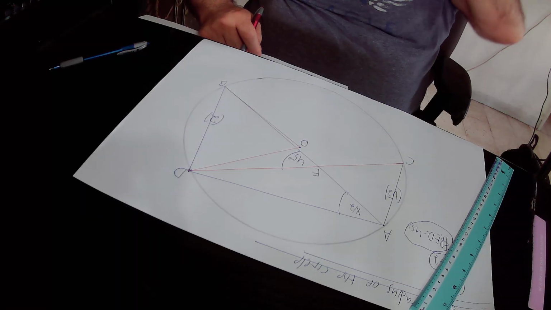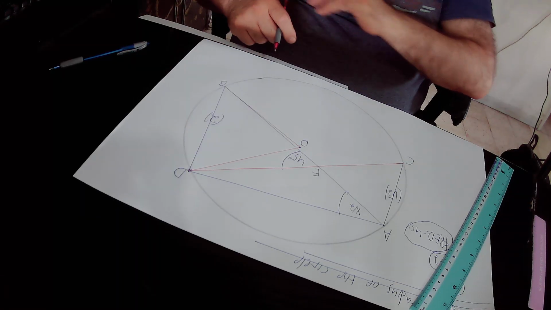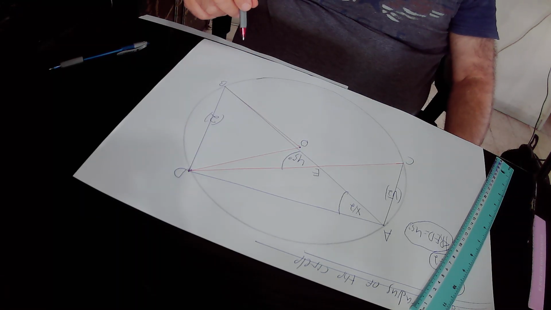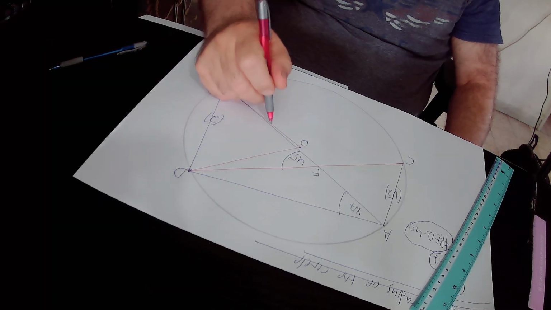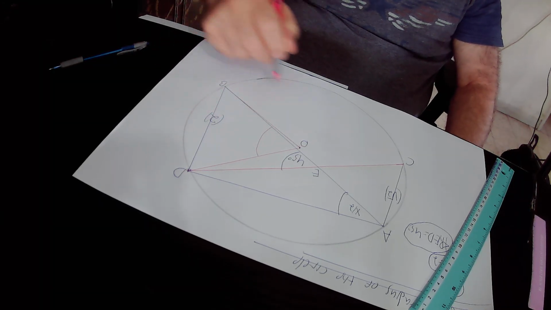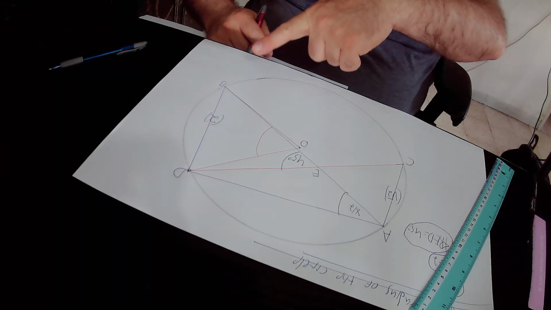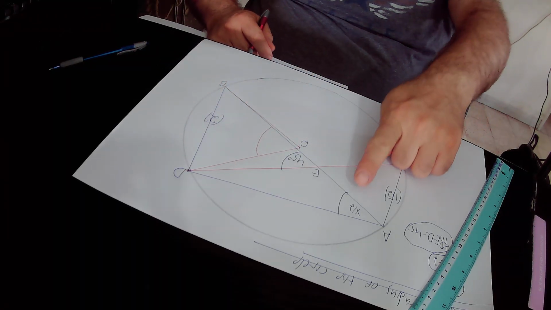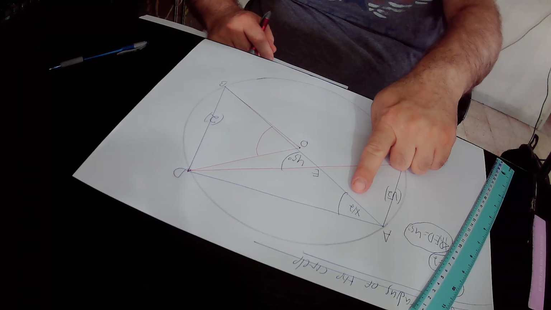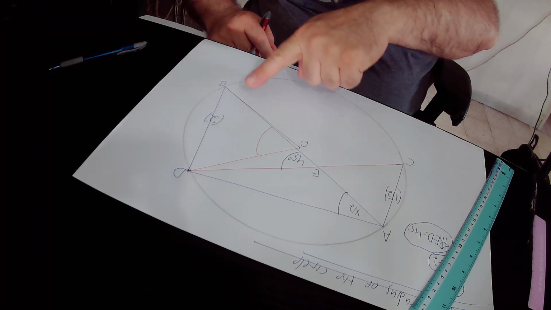By doing this construction, we created central angle BOD. This central angle BOD is subtended on the same chord BD, exactly like this peripheral angle BAD.